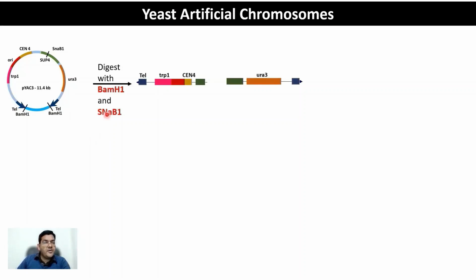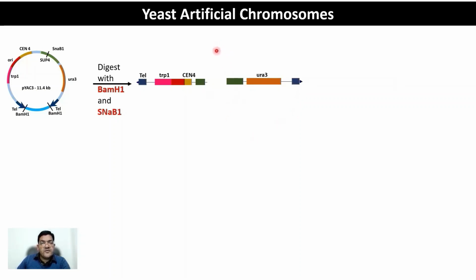You digest with BamH1 and with SnaB1. You generate two arms of these artificial chromosomes, one that contains the telomere, the TRP1 gene, the centromere, and part of your SUP4, and the second arm that contains the remaining part of SUP4, the URA3 gene, and the second telomere here, right?